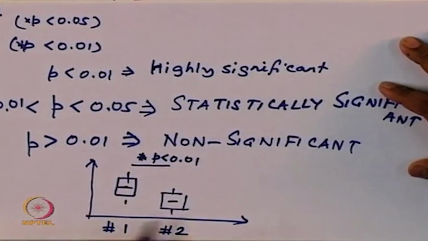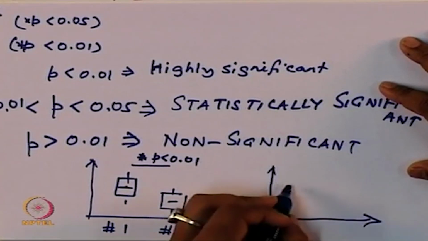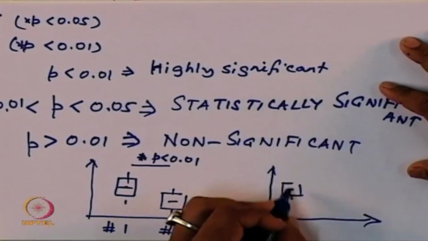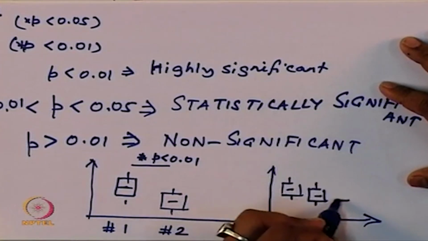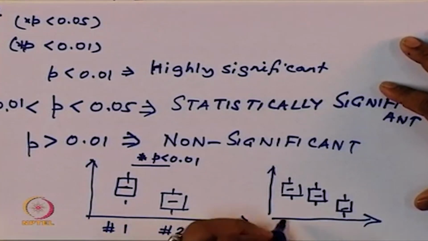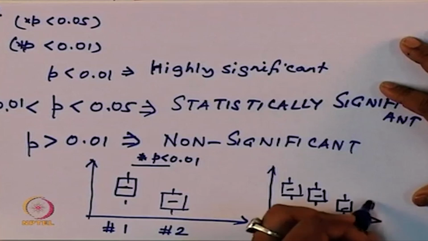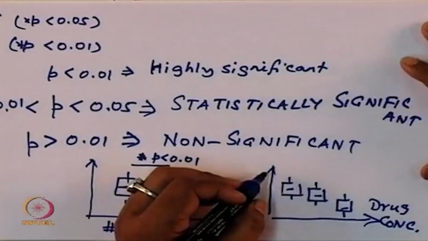Alternatively, if you have 3 conditions, imagine these are 3 different drug concentrations and you have measured some output.